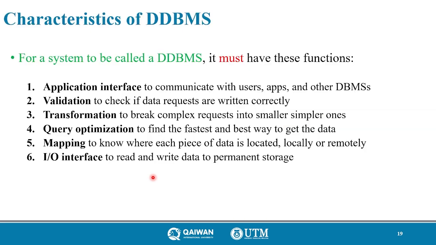Now, in order for me to call a system a distributed database management system, it must have these functions: application interface, validation, transformation, query optimization, mapping, and I/O interface to read and write data to permanent storage. Mapping is to know where each piece of data is located, query optimization is to find the fastest and best way to get the data, transformation is to break complex requests into smaller, simpler ones, validation is to check if data requests are written correctly, application interface is to communicate with users, apps, and other DBMS.